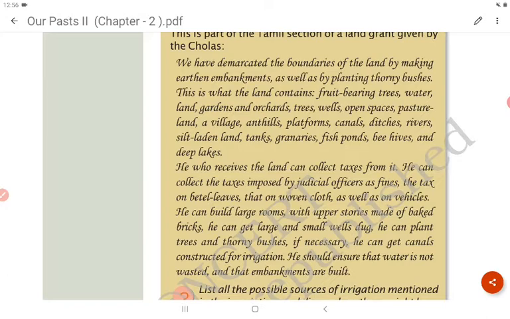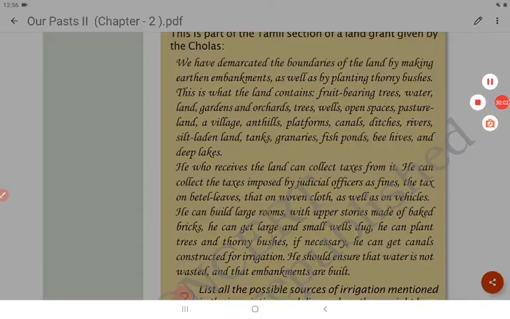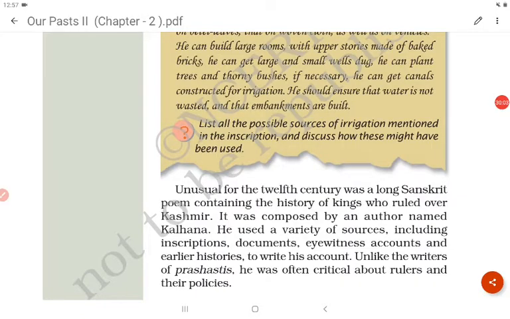He who receives the land can collect taxes from it. He can collect the taxes imposed by judicial officers as fines. The tax on betel leaves, that on woven cloth, as well as on vehicles. He can build large rooms with upper stories made of baked bricks.